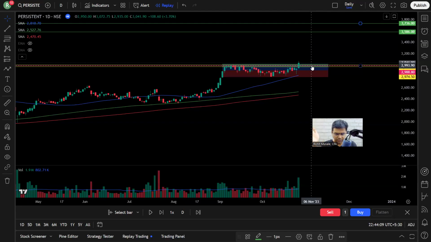You can do the mathematical calculation later if you want. That is why the 20 to 25% range is consistent with the reward to risk that we expect from the stock.